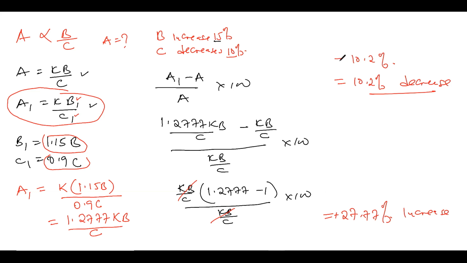So if you get a negative answer like negative 10.2%, that's your final answer. You go back in front of it and write, which is equals to, then write positive 10.2%, but in front of it write what? Decrease. It means that A decreased in that process. While the others were changing, the A value decreased by a certain percentage.